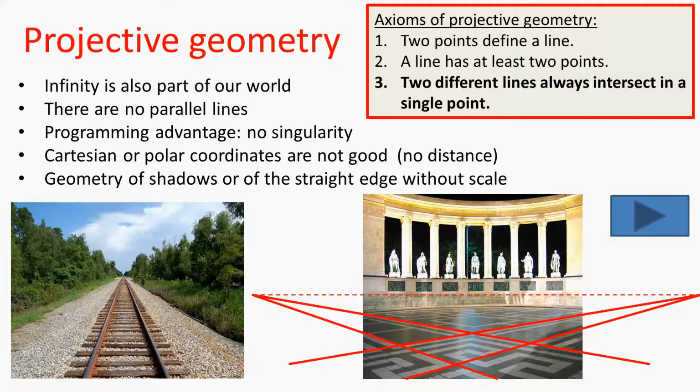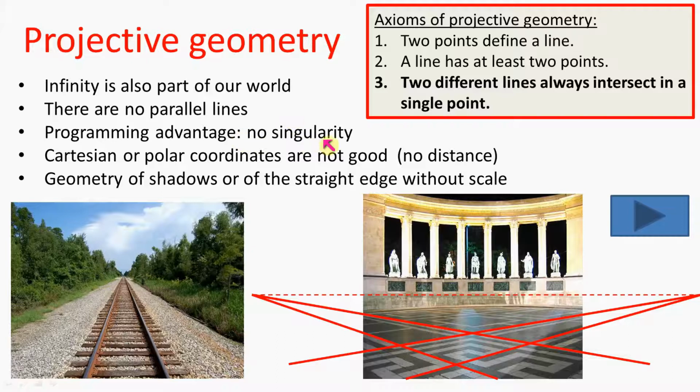But on the other hand, there are no additional axioms providing the fundamentals of introducing metrics like distances or angles. So spherical geometry and projective geometry are very close relatives. The difference between them is that spherical geometry is finite and therefore it has a metric. Projective geometry is infinite and doesn't have a metric.